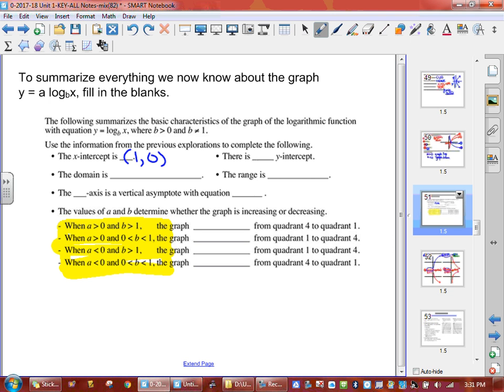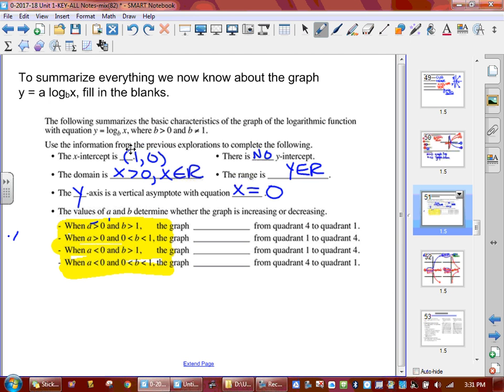There is no y-intercept, and the range is y ∈ R. So as we know, this is exactly the opposite of what we saw. So the next one needs to go increase, decrease, decrease, increase. Okay, check your work. And again, those are just these 4 graphs we graphed.